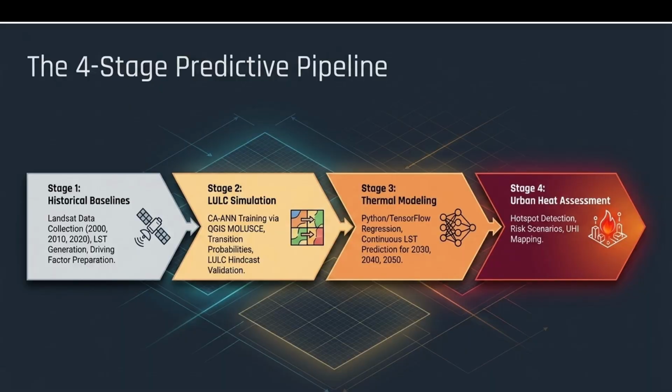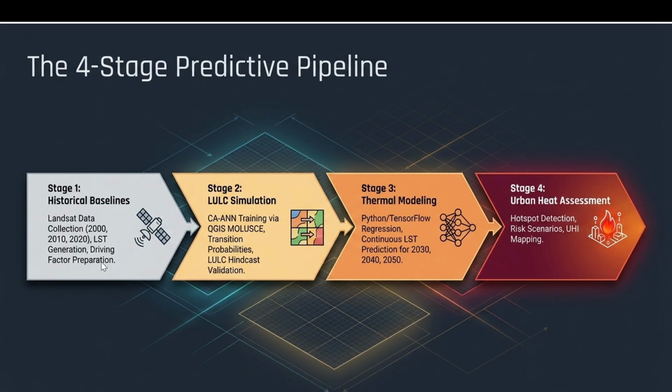Looking at the strategy, in the first stage we need the historical baseline, mainly LST for 2000, 2010, 2020. I just put a 10-year interval. We simply generate LST for 2000, 2010, 2020, and also need driving factor preparation.